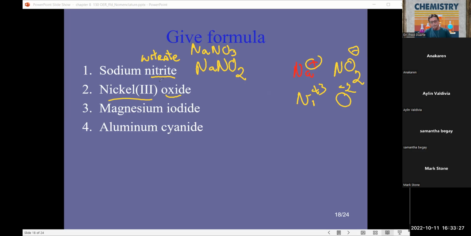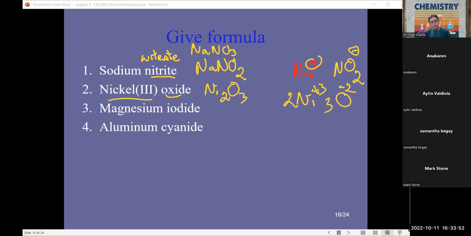The name remains the same in either type of compound. So here oxide has a -2. We have the similar charges again, so we find a common number, which in this case, again, is 6. So we need 2 nickels and 3 oxides. So we have the formula Ni2O3, nickel 3 oxide.